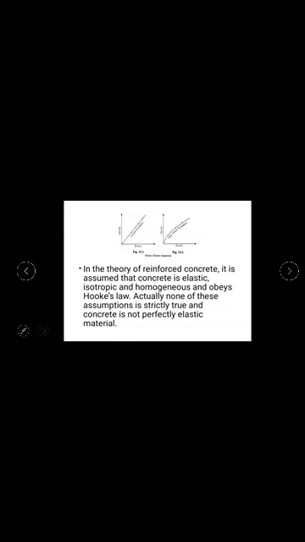These are all just assumptions, and none of them are strictly true, as concrete is not a perfectly elastic material. It is just by assuming a few things that we can generate a theory.